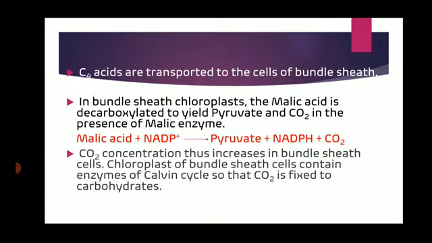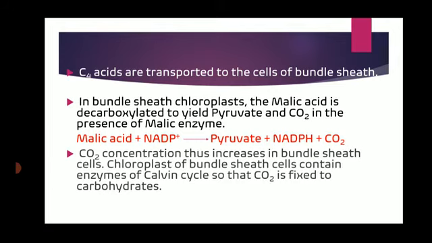Now the C4 acid which has been formed is transported to the bundle sheath cell. It could be malic acid, it could be aspartic acid. For example, malic acid. Now this malic acid will be decarboxylated in the bundle sheath cell and gets converted into pyruvate. The carbon dioxide released by malic acid will be utilized in the C3 cycle.